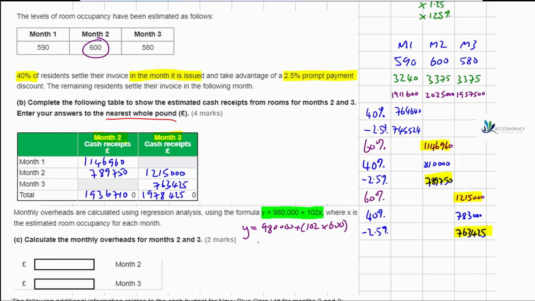And that gives us an answer of 1,041,200. And then in month 3, we have an occupancy of 580. So Y equals, again, the fixed 980,000 plus 102 variable cost multiplied by 580. And that gives us 1,039,160. So those are our 2 answers.